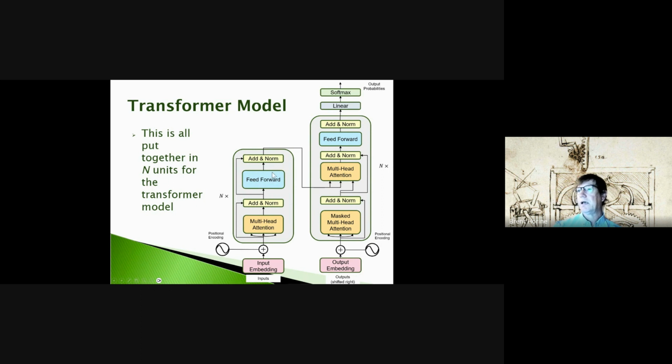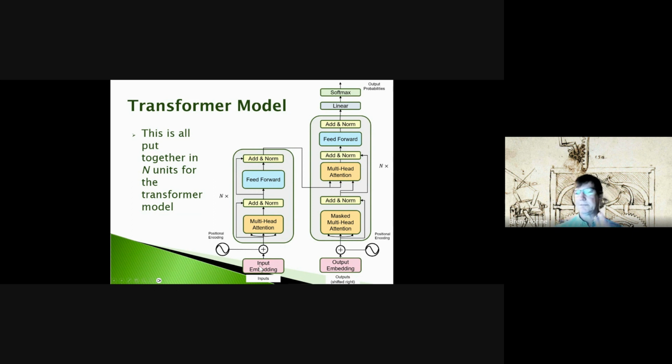And then again, we've got the skip connection, so we can skip over that and normalize it. Then all this would come from our inputs down here. It goes through some input embedding. That's basically taking our inputs, whatever they are, words or signals or images or something like that, and encoding or embedding it so it's ready for consumption in here, right?